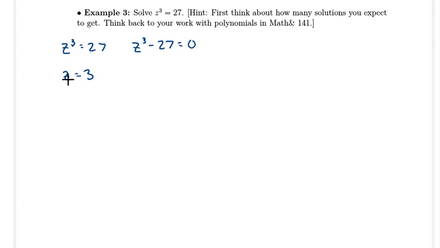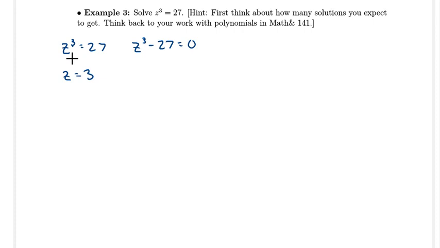So in this case, yes, z equals 3 is a solution, but we're expecting there to be 3. So we're going to talk about how rewriting a complex number in its polar form will help us figure out what those 3 different solutions are.